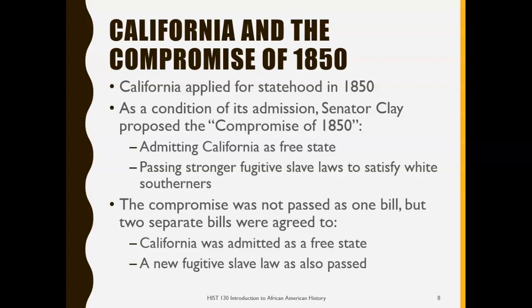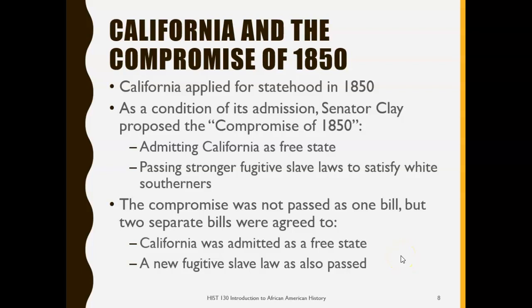According to this compromise, California would be admitted as a free state, but in exchange, Congress would pass a strong fugitive slave law to satisfy the southern states.